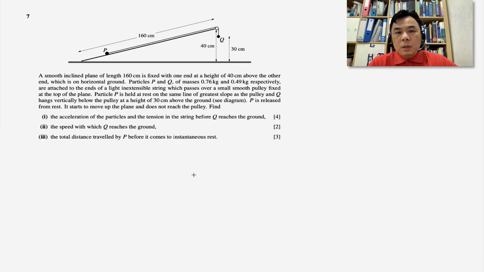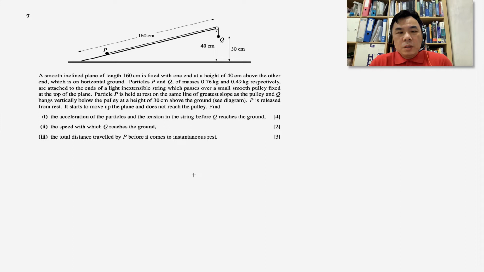Particles P and Q of masses 0.76 kg and 0.49 kg respectively are attached to the ends of a light inextensible string which passes over a small smooth pulley, and Q hangs vertically below the pulley at a height of 30 centimeter above the ground, as depicted in the diagram. P is released from rest. It starts to move up the plane and does not reach the pulley.